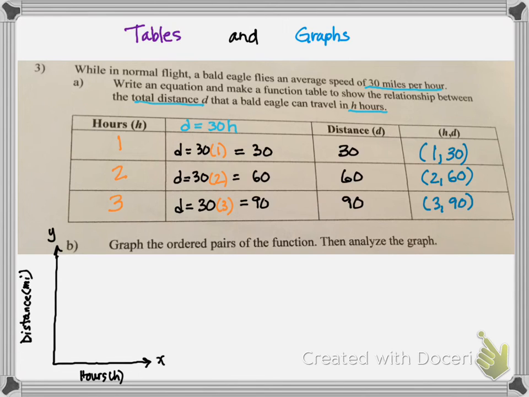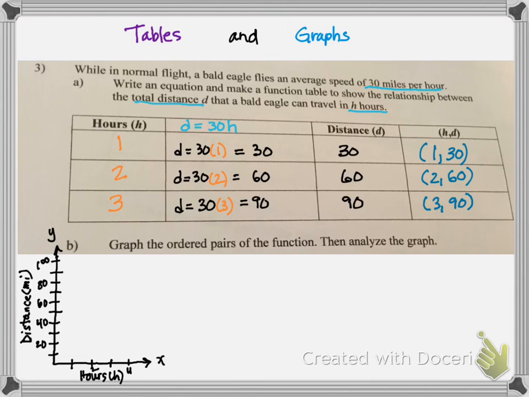Okay, so let's see. I need to get to 3 on the x-axis. So here's 2, here's 4. We're going to go 10, 20, 30, 40, 50, 60, 70, 80, 90, 100. So I'm just going to write every other one: 20, 40, 60, 80, 100.